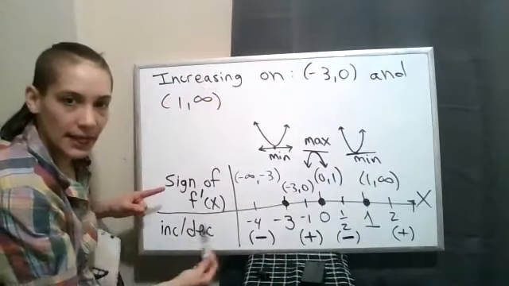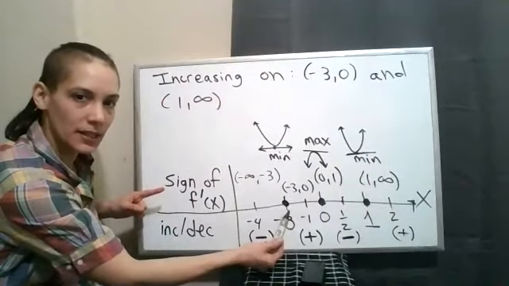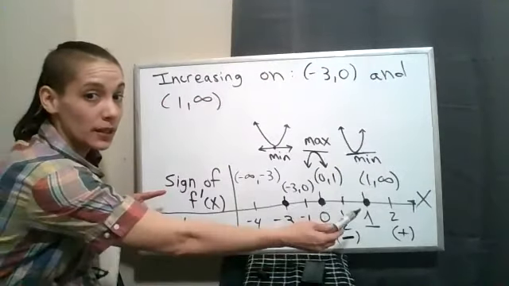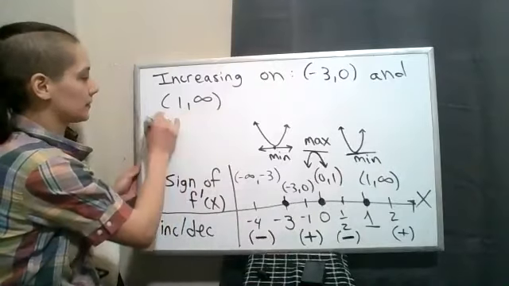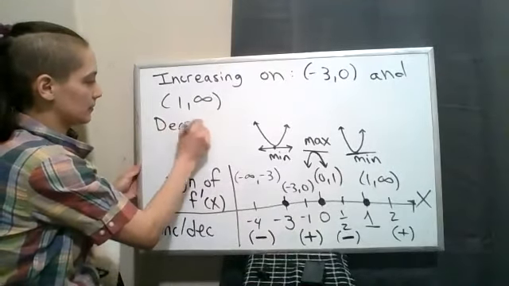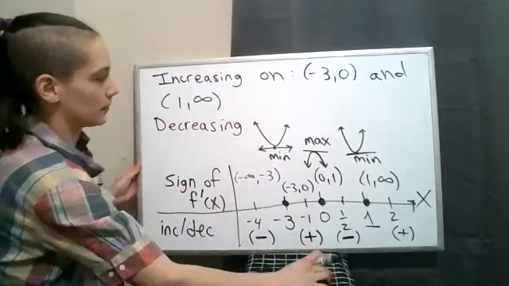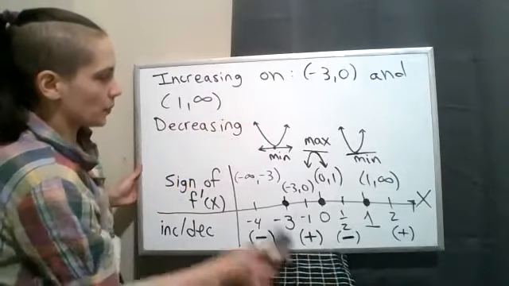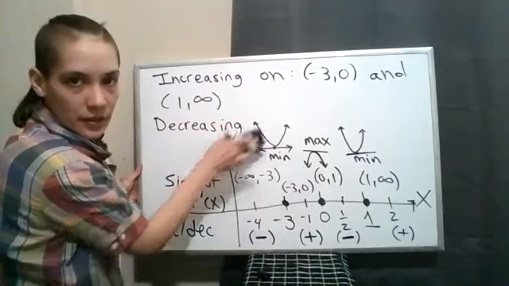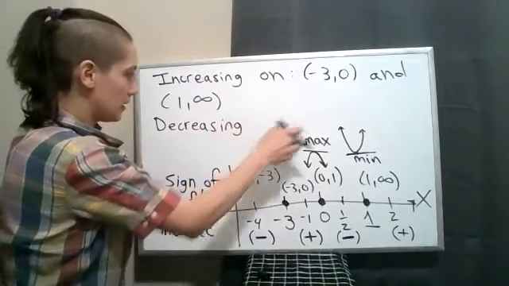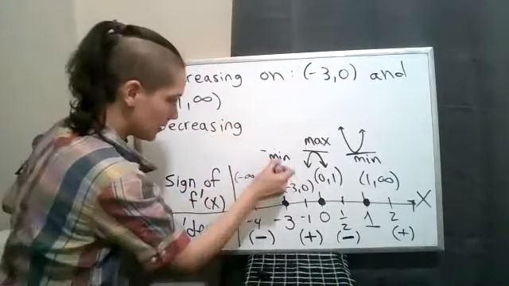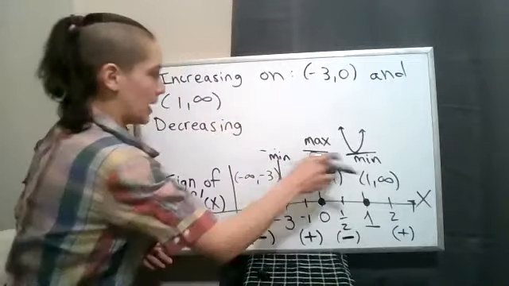Decreasing from -infinity to -3 and from 0 to 1. So I'm going to erase just the pictures, but we had a min and max.